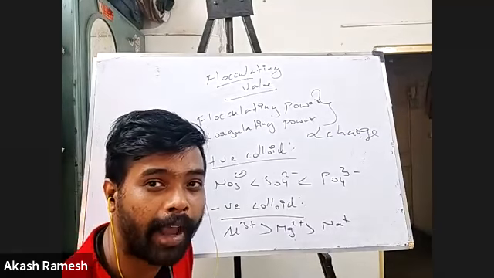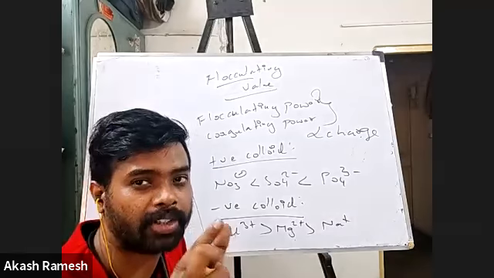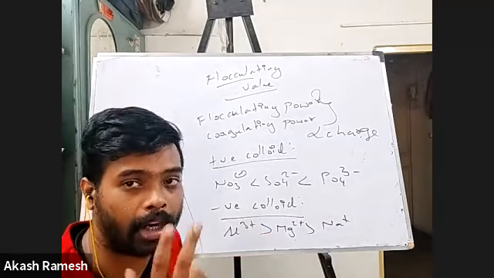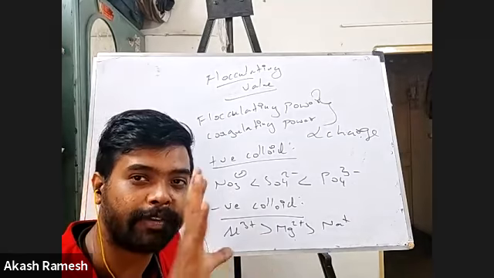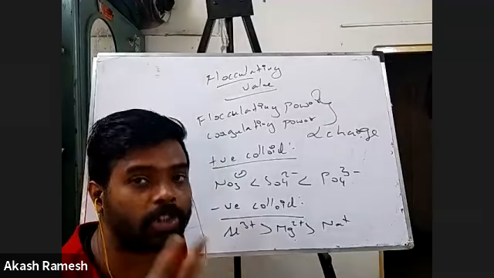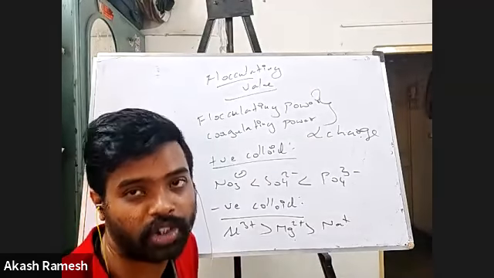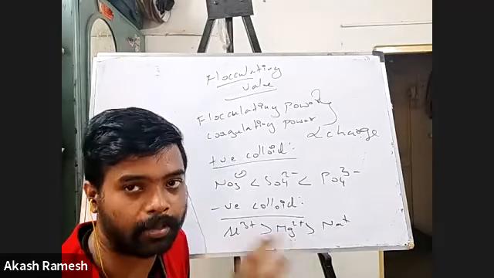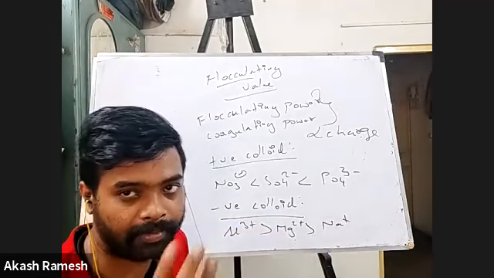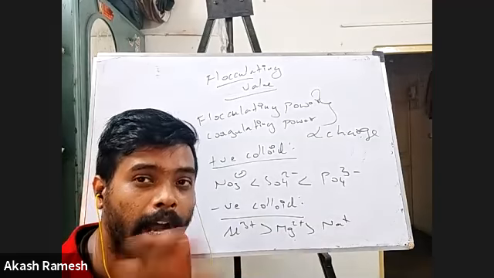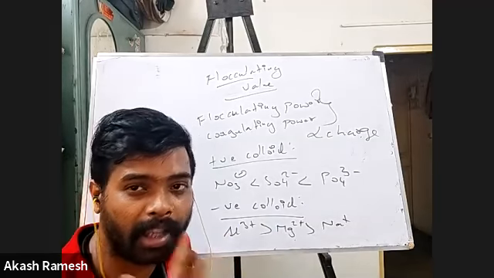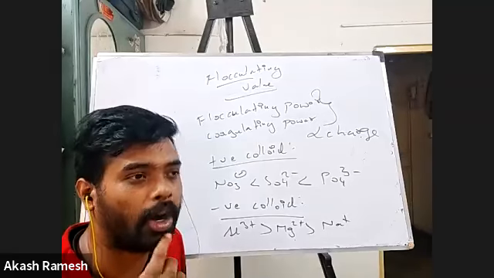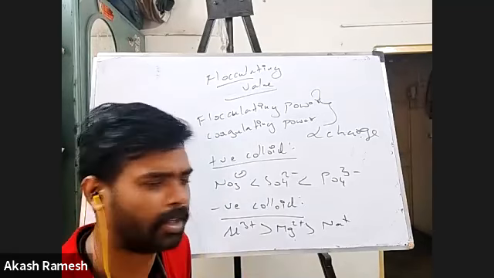So flocculating value talks about minimum concentration. Say for example there are two colloids with me, both positive.